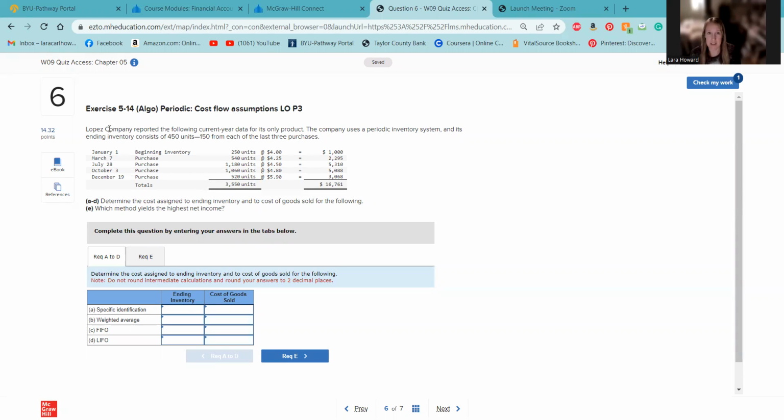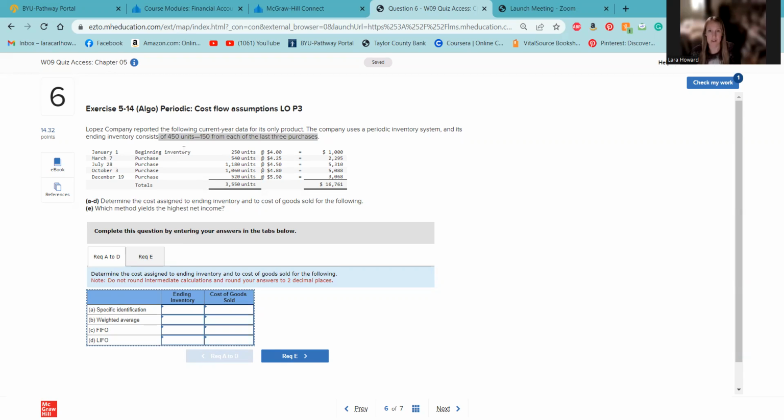Looking at the directions: Lopez Company reported the following current year data for its only product. The company uses a periodic inventory system, and its ending inventory consists of 450 units, 150 from each of the last 3 purchases. That last part is what you're going to be looking at for the specific identification.